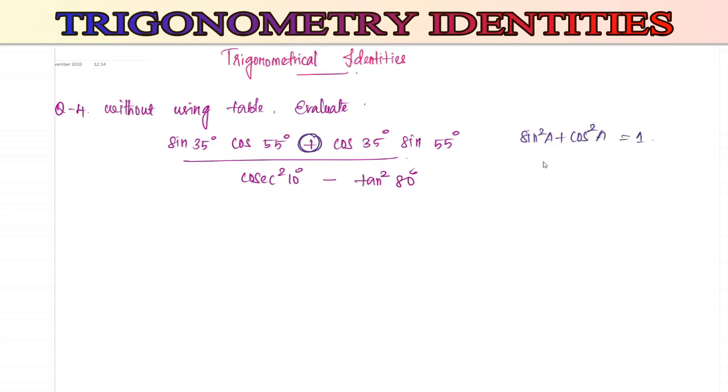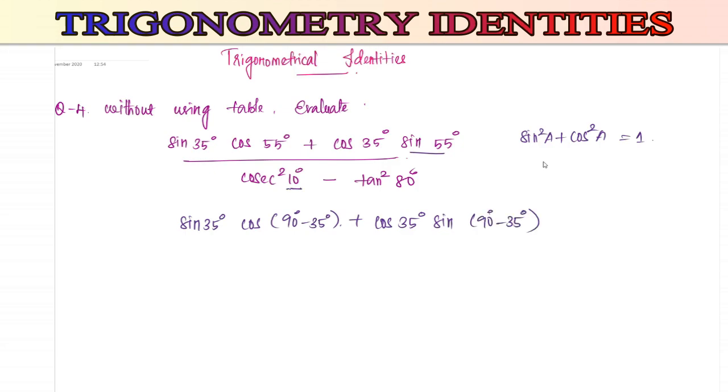So let it be sin 35 degree, and cos I am going to change as cos 90 degree minus 35 degree, because it is a complementary angle. 35 plus 55 we are going to get 90. And here we need cos 35 degree, so next I am going to convert in terms of cos, so sin 90 degree minus 35 degree.